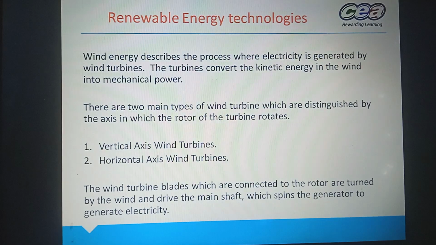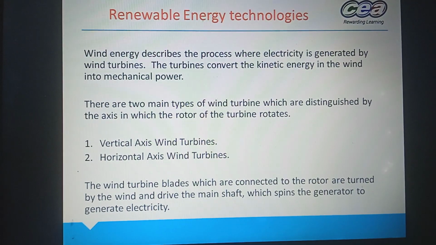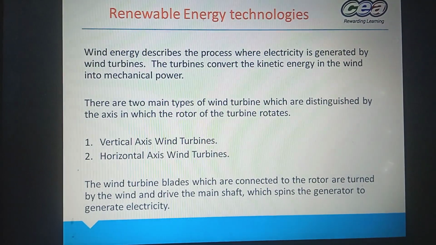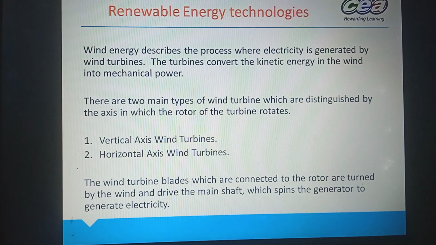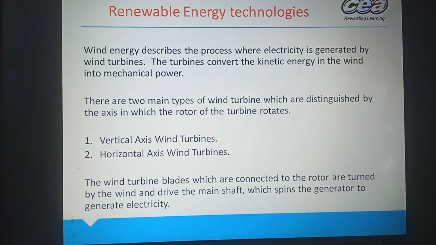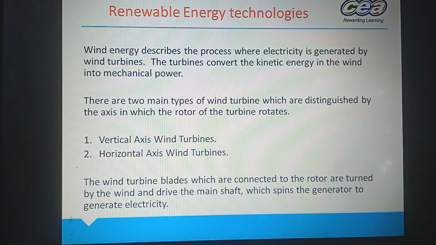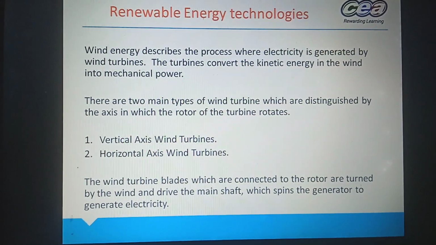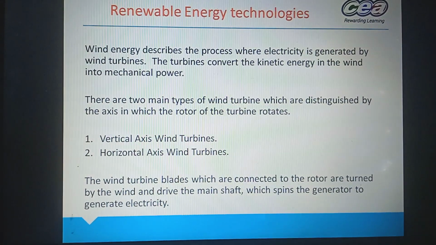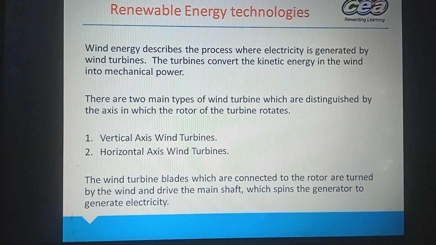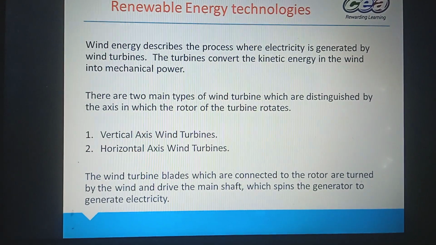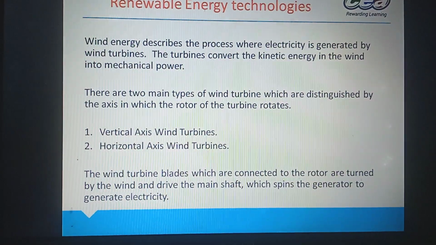Wind energy describes the process where electricity is generated by a wind turbine. The turbine converts the kinetic energy into mechanical power. There are two main types of wind turbine, which are distinguished by the axis on which the rotor of the turbine rotates. First one, vertical axis wind turbine. Second one, horizontal axis wind turbine.